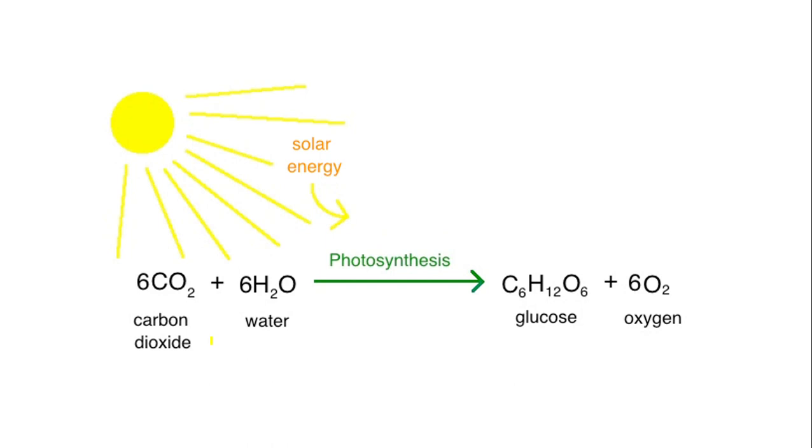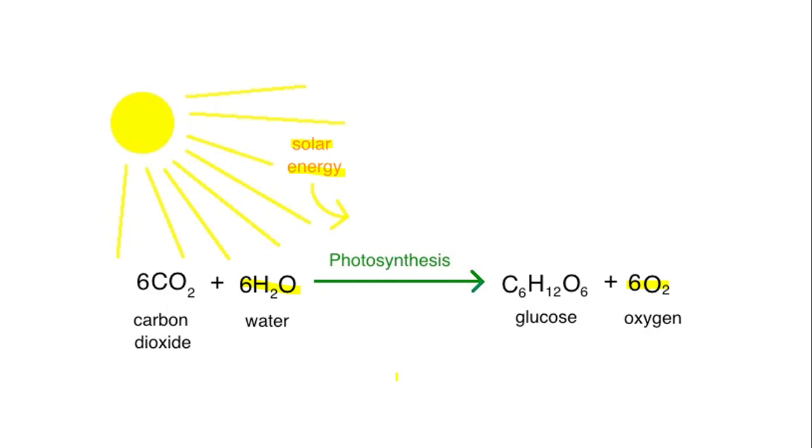The Z scheme is also called the light dependent reaction, because here we mainly study the use of solar energy or solar light in photosynthesis. In all these reactions we will study how water takes part in the process of photosynthesis and how it produces oxygen, ATP and NADPH.